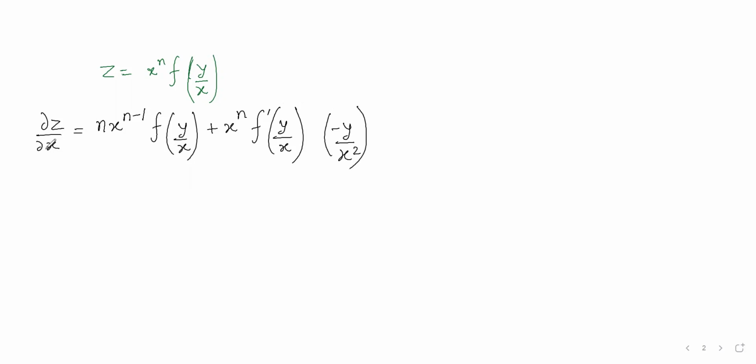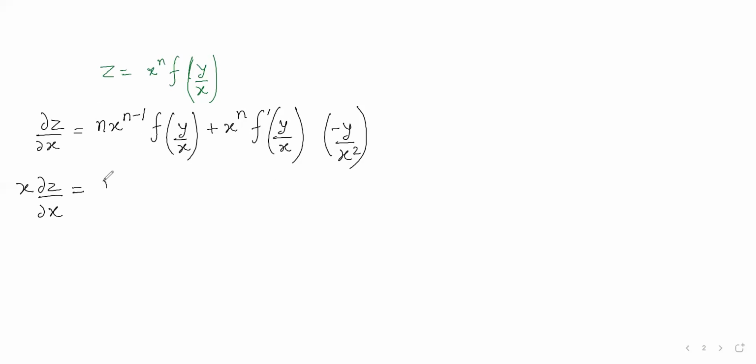So this is del z by del x, and x del z by del x will be equal to, when we multiply with x, x to the power n minus 1 plus 1 gives x to the power n.